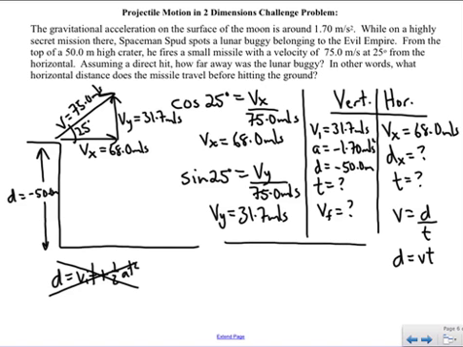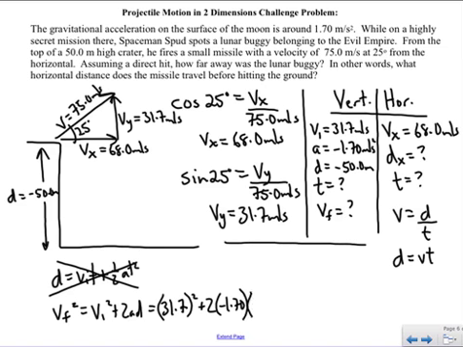So what I'm going to use for an equation is Vf squared equals Vi squared plus 2AD. And so the initial velocity vertically was 31.7. I'm not going to put the units in just because it's going to save me some space. Then 2 times the acceleration rate, which is negative 1.70.